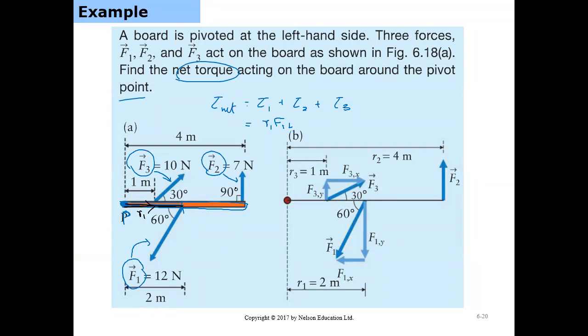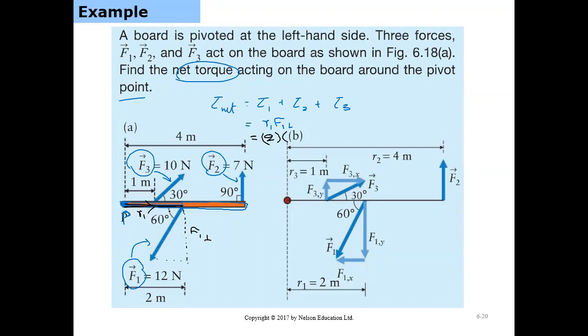So it will be R1 is equal to how much? 2. Because 4 meters altogether, half of that is 2. So 2 multiplied by the perpendicular component perpendicular to R. So this is the perpendicular component of F1.